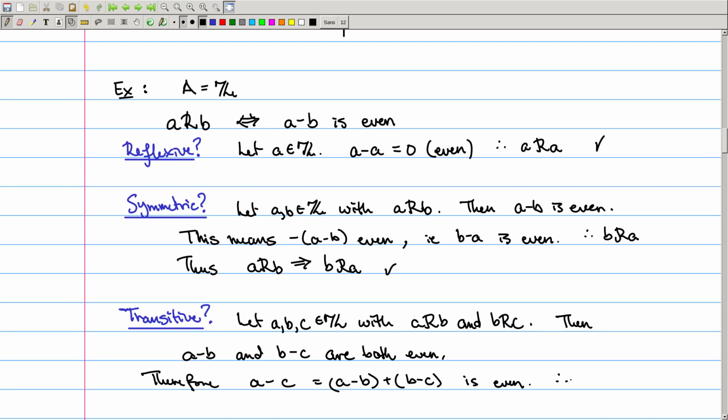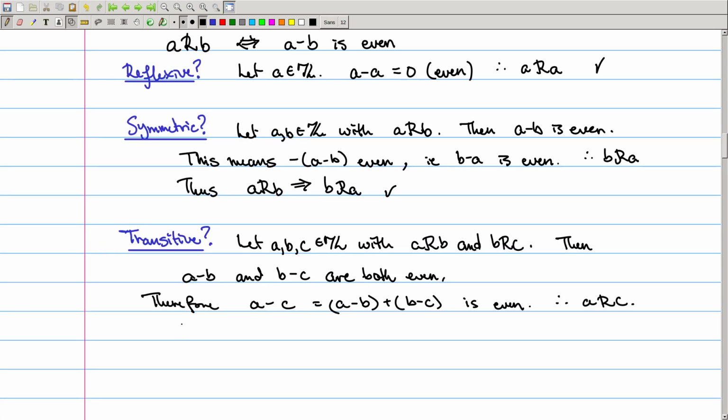And this means, by definition, that A is related to C. So what we've shown is that if A is related to B and B is related to C, then A is related to C. And that's the transitive property. So we have reflexive, symmetric, and transitive, and therefore we have an equivalence relation.